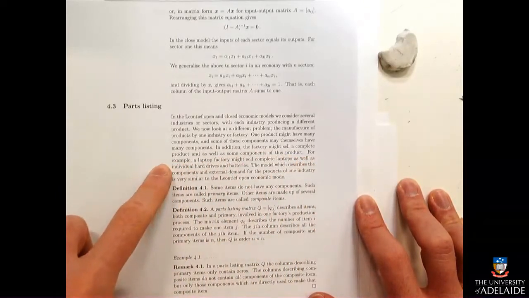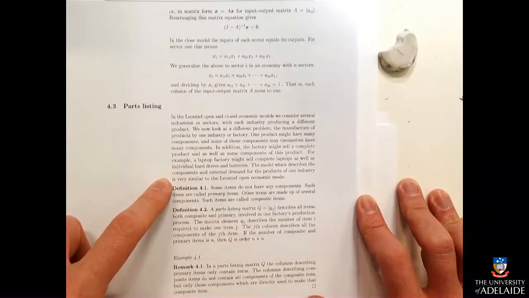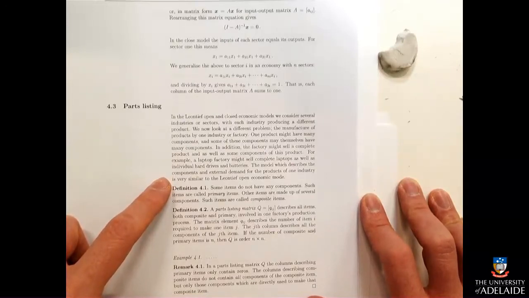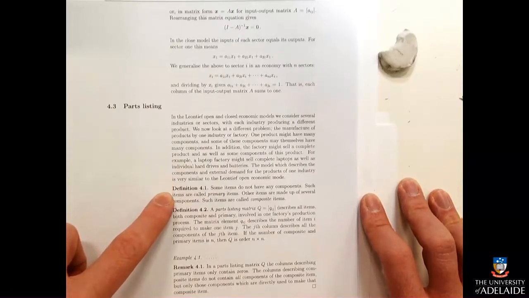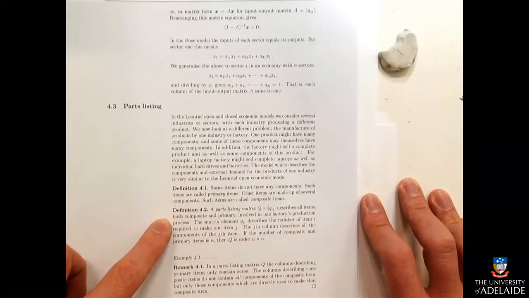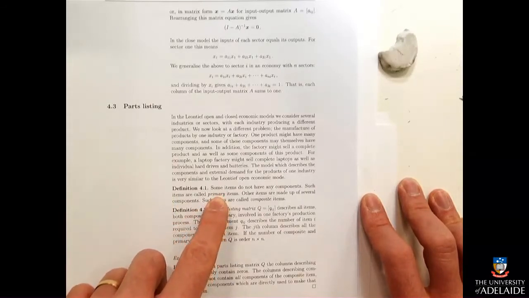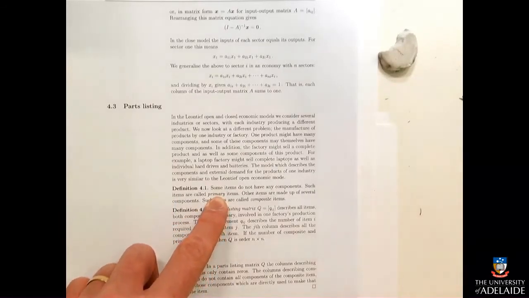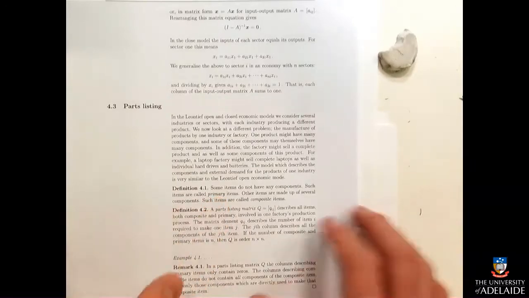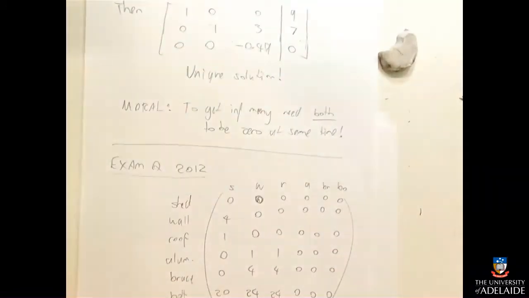For example, a laptop factory might sell complete laptops as well as individual hard drives and batteries. So in our case, our guys might sell completed shed packs, but also just individual walls. Some items may not have any components. They're primary items. Oh, good, I've got a terminology for the thing I was trying to come up with a word for before, things that don't have any other parts, called primary items. I should pop that in just a second.